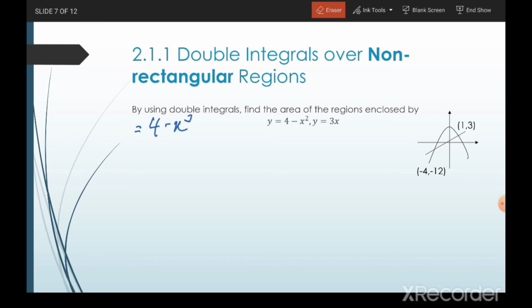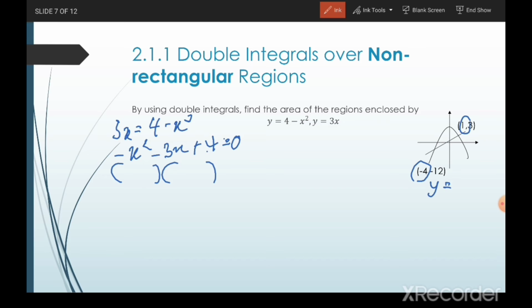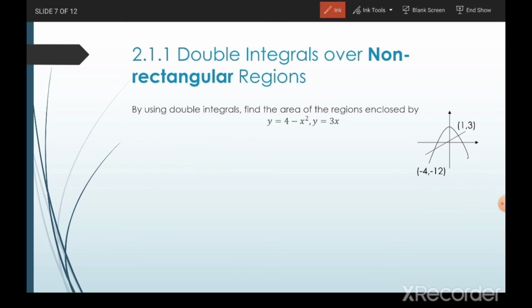To find the point where is the location, we can use this equation, negative x square minus 3x plus 4. Then you can use the factorization, or I suggest using a polynomial calculator. You set it in your calculator. Then you get the point is negative 4. So for the y axis you get negative 12.